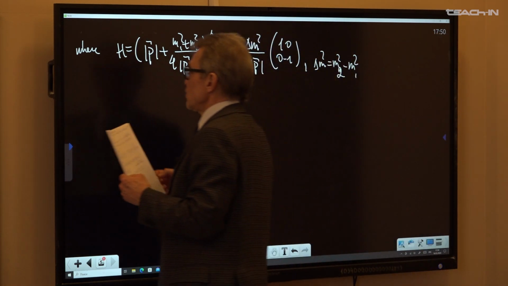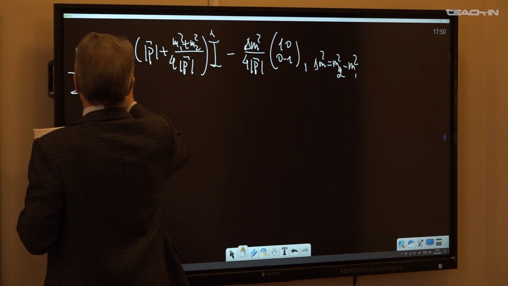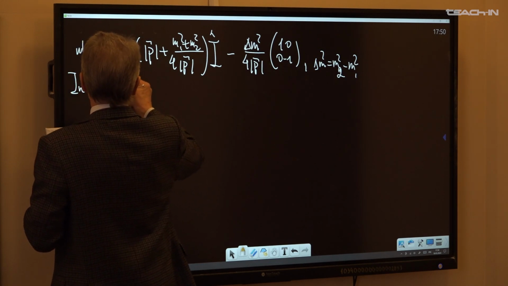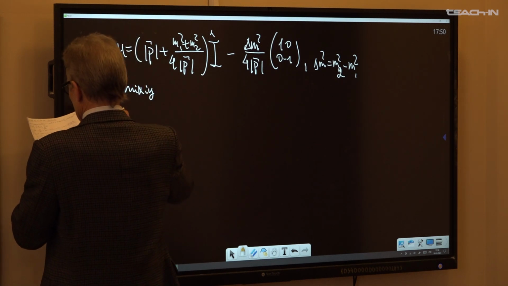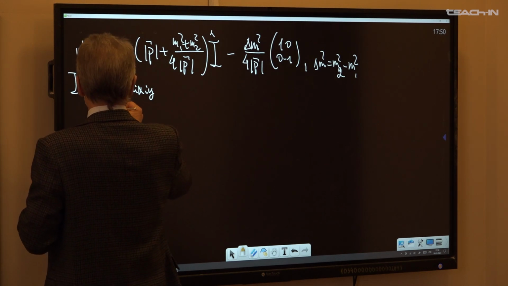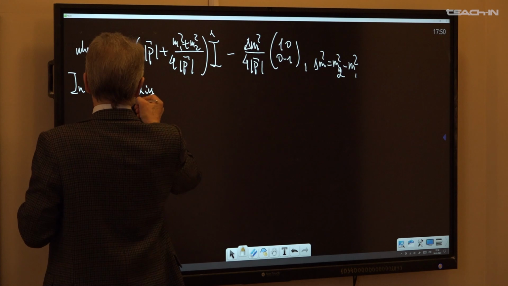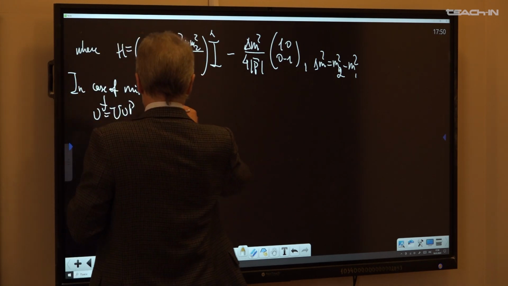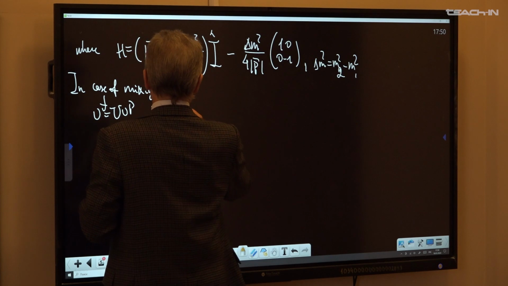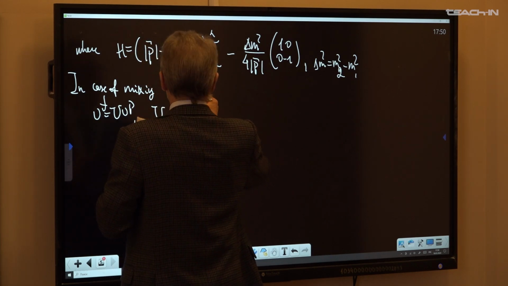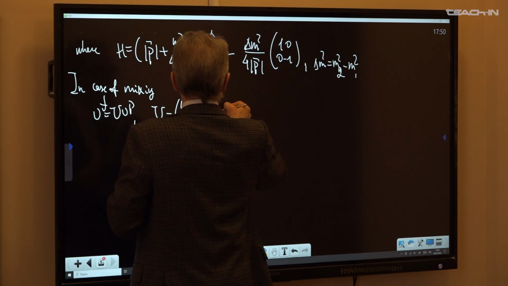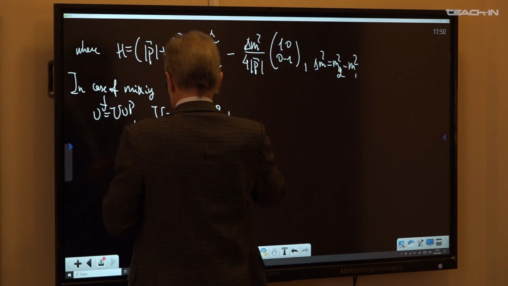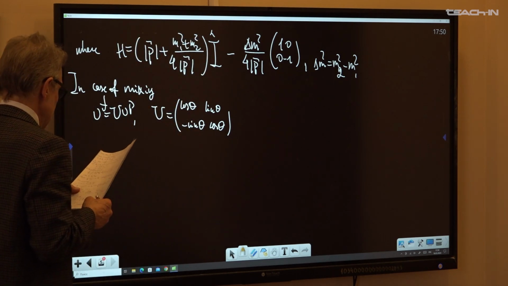So, in case of mixing between different mass states and flavor states, we have flavor neutrinos as a superposition of the mass states, and in the case of two neutrinos, it can be parameterized by only one angle: cosine, minus sine, cosine. This is the mixing matrix.